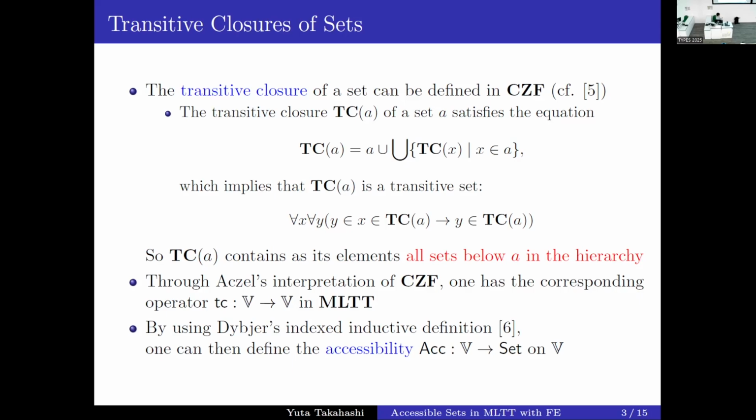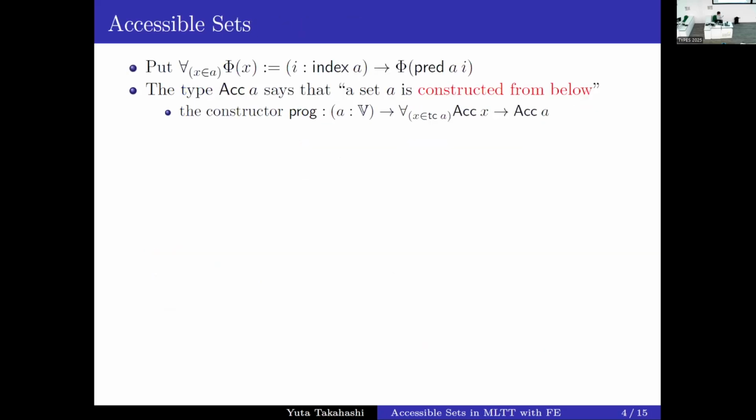Here, I use the logical framework in Agda. So we use this abbreviation, and the meaning of Acc is as follows. Acc says that a set A is constructed from below. So the constructor progressive says that if any set x below A in this hierarchy is accessible, then A is also accessible.